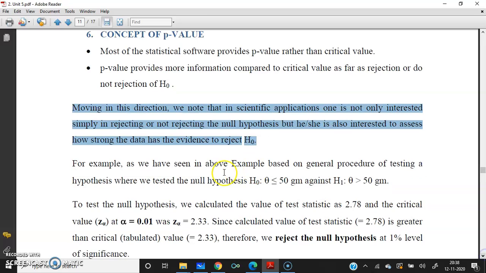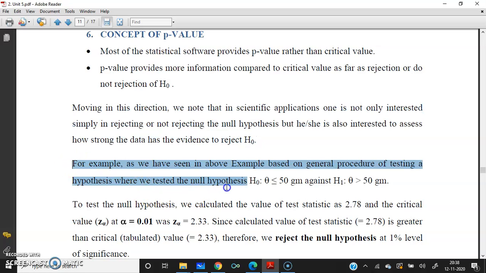For example, as we have seen in the above example, based on the general procedure of testing hypothesis, we tested the null hypothesis H naught, that theta, a parameter, is lesser than or equal to 50 grams, against H1, that theta is greater than 50 grams.